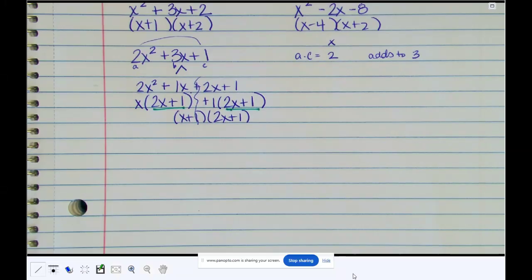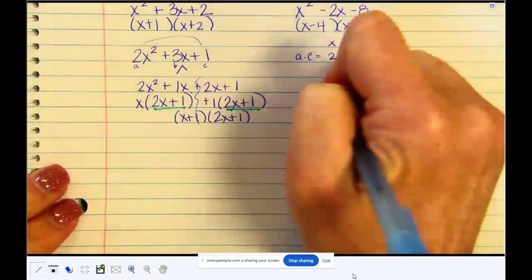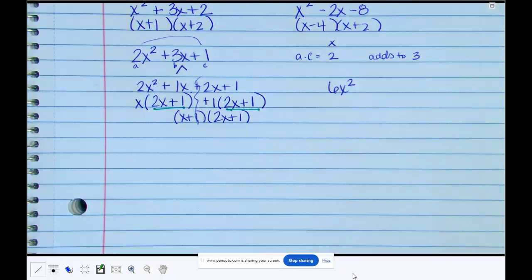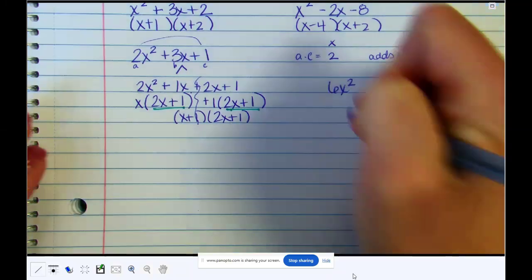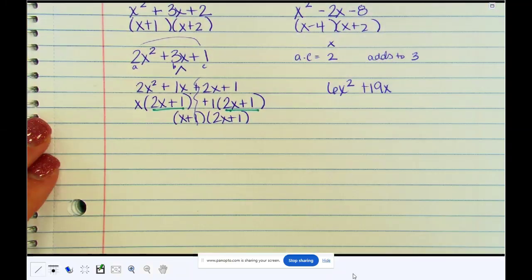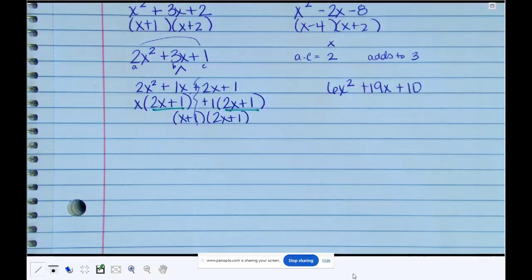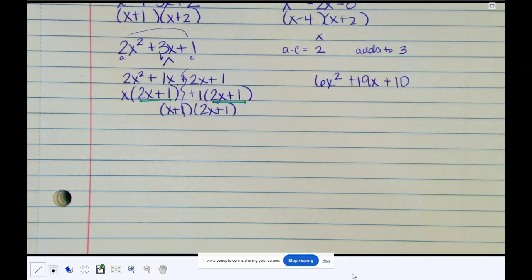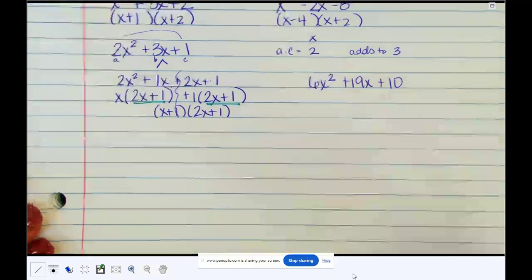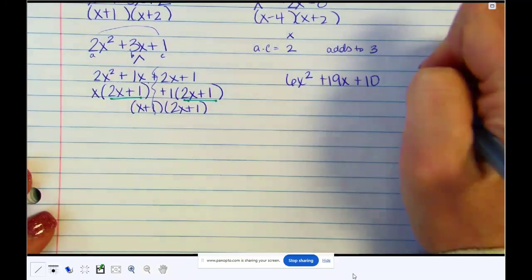Okay, so let's try 6x squared plus 19x plus 10. Okay, multiply a times c, so it's 60.